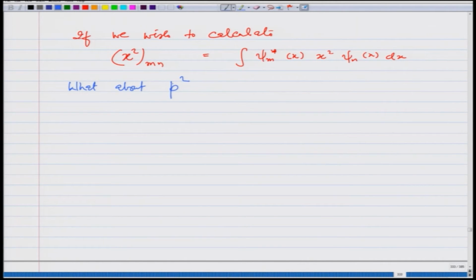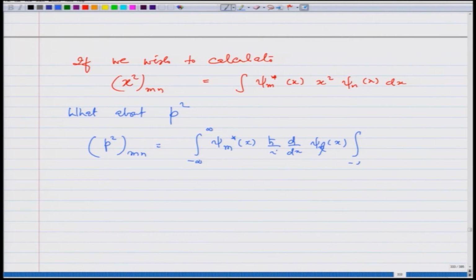Let us see what about p square. P square mn is going to be integration minus infinity to infinity psi m star x, h cross over i d by dx on psi L x, times integration psi L star x prime, h cross over i d psi n by dx prime, dx prime, summed over L, because the first term is nothing but p ml and this is nothing but p ln.